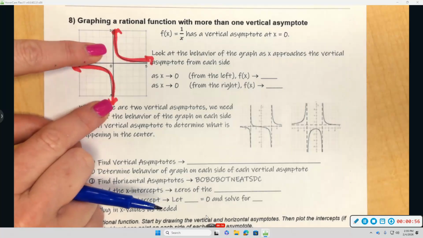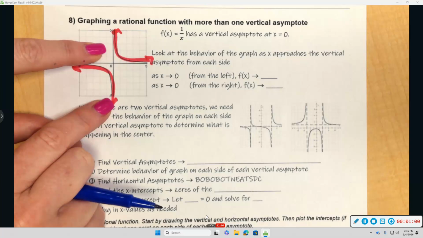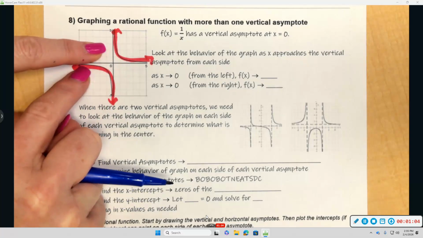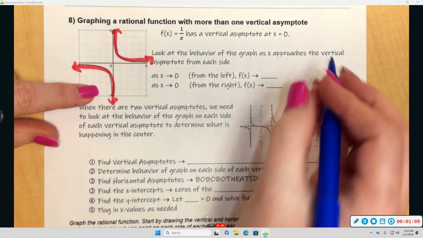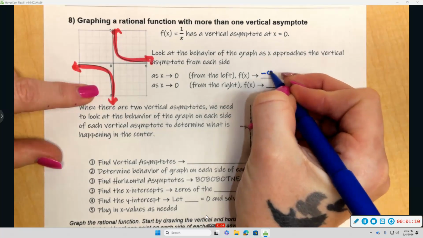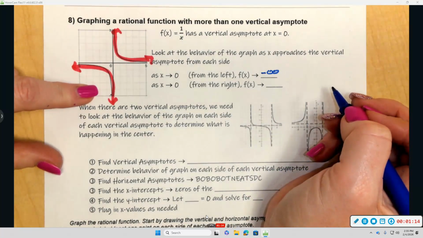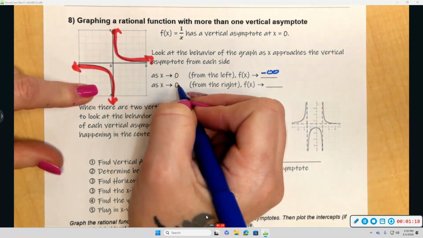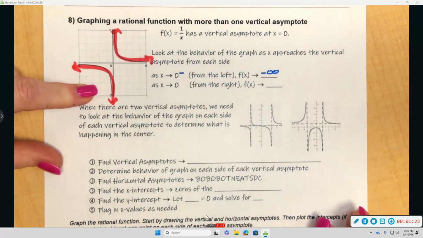As x approaches 0 from the left, so we're coming from this side and going down, the function is approaching negative infinity. The values are getting more and more negative. Notation-wise, when we want to say that it's approaching from the left, we put a little superscript negative sign there.